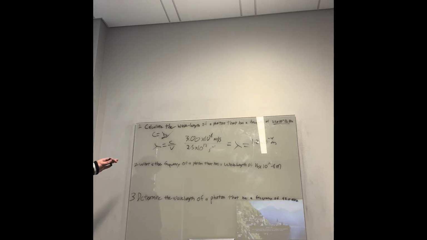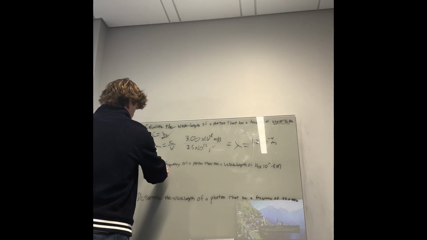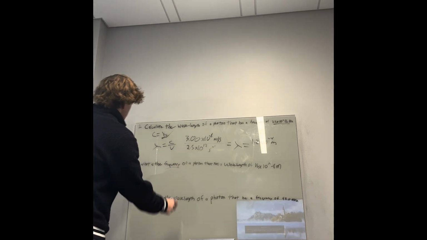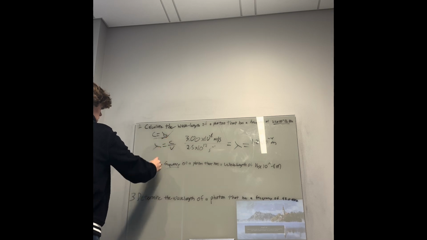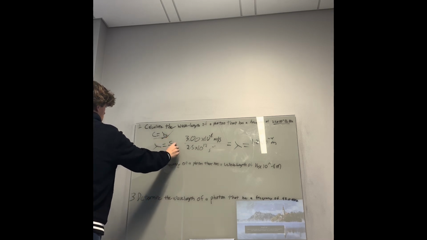What is the frequency of a photon that has a wavelength of 1.5 times 10 to the negative 8 meters? So now we're trying to find frequency.